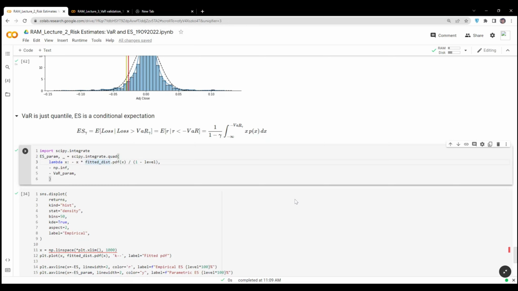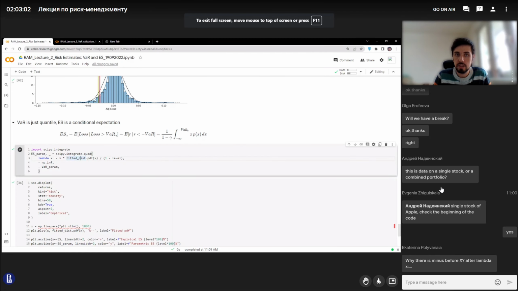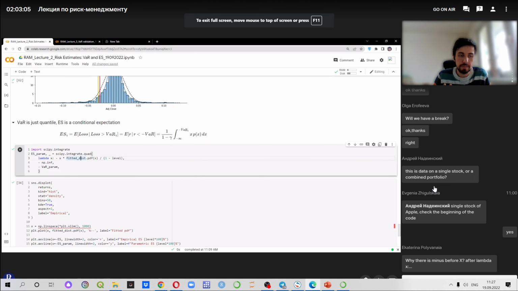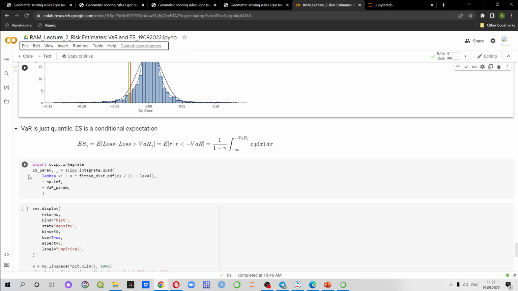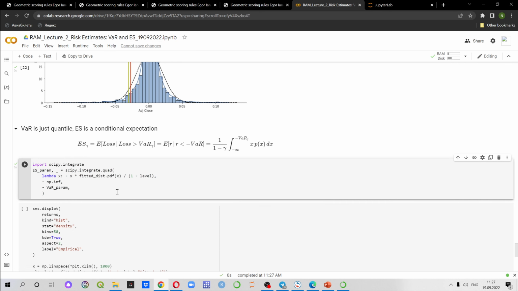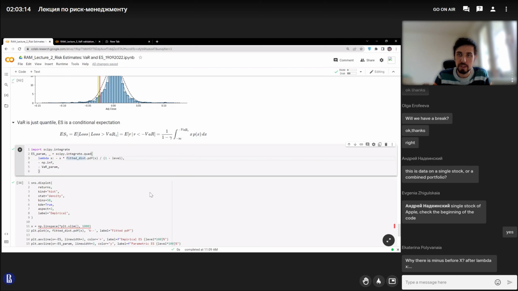Just because we understand that in terms of returns, losses are represented with negative values, but when we calculate VaR or expected shortfall, we clearly speak of only losses. So it's quite obvious that we would like to represent the result in terms of positive values.